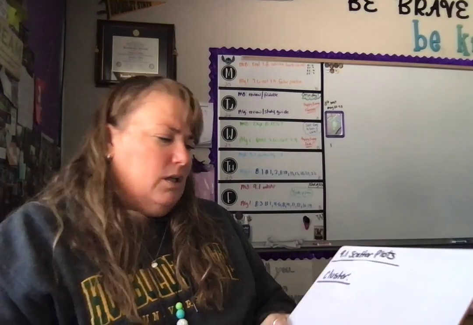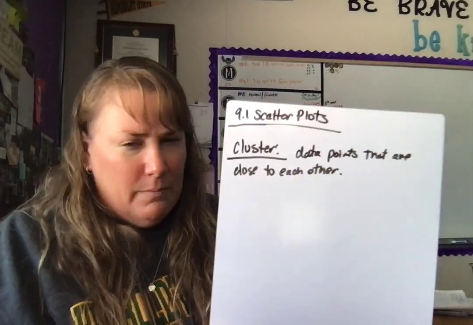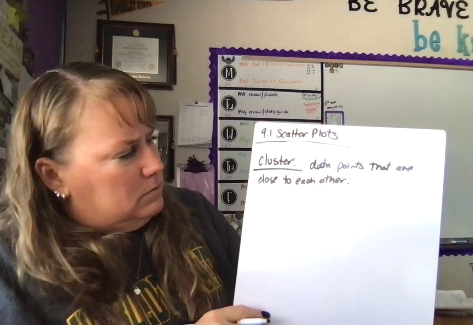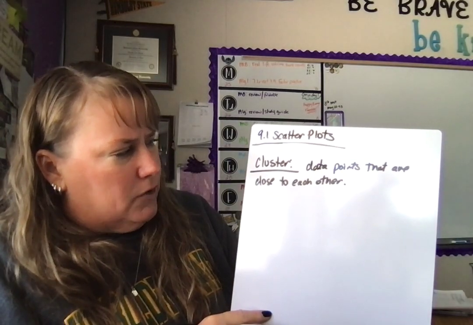Okay? So a cluster is data points that are close to each other. So what that means is each data point is going to be very similar to the next data point. And I'm not going to do examples because that's the whole point of example 2. Okay? Data points that are close to each other.